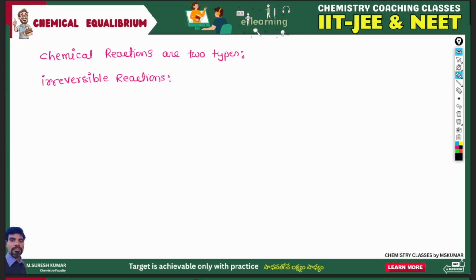Let us discuss the irreversible reaction. The first point: the reaction which proceeds in only one direction, that is, takes place in one direction.